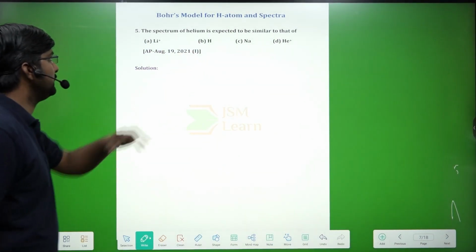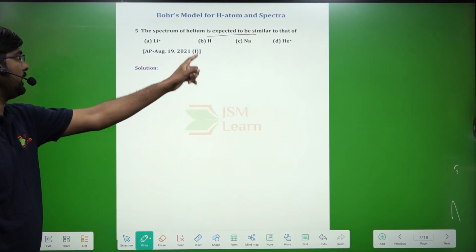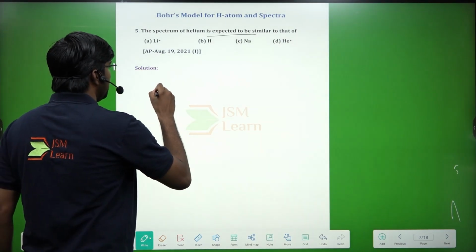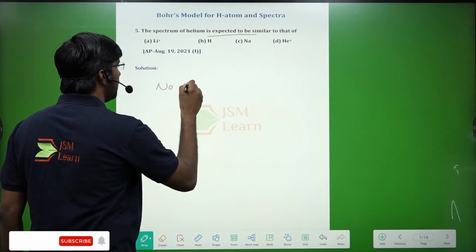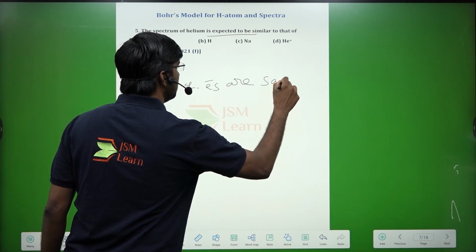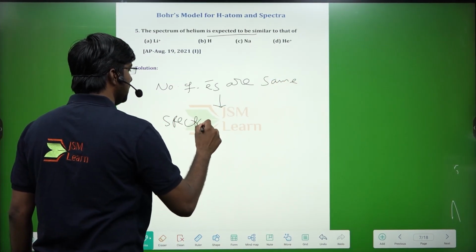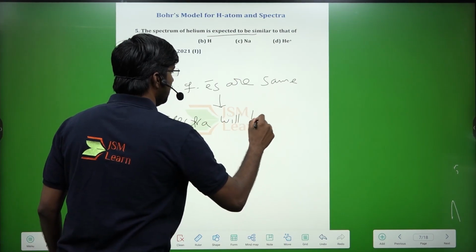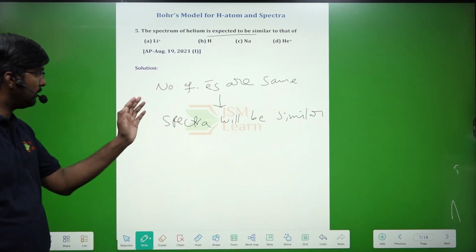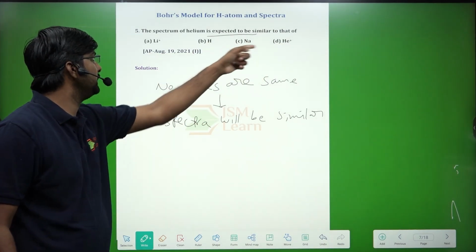See here, 4 options are given, and we need to find which has a spectrum similar to helium. If they have an equal number of electrons, then their spectra will be similar. Just like we calculated in the previous question, here we should calculate the number of electrons present in them.